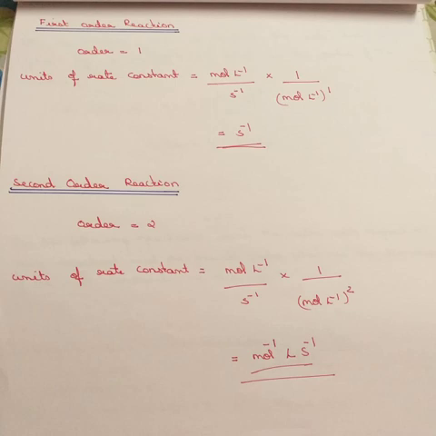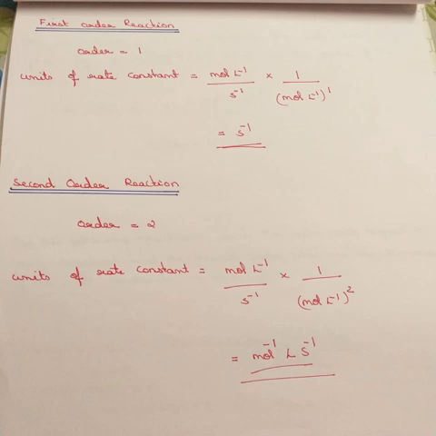So the unit changes to mole liter raised to minus 1 second raised to minus 1. So, for a zero order reaction, the unit of rate constant is mole liter raised to minus 1 second raised to minus 1.